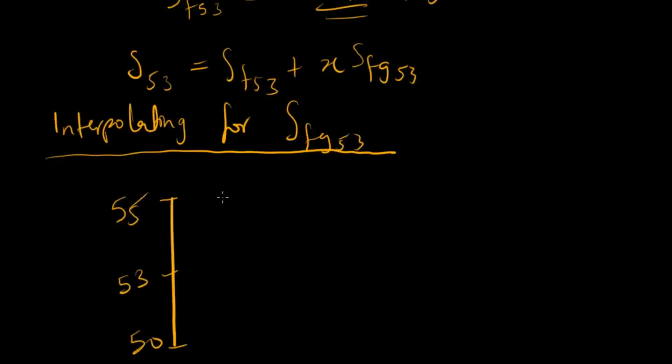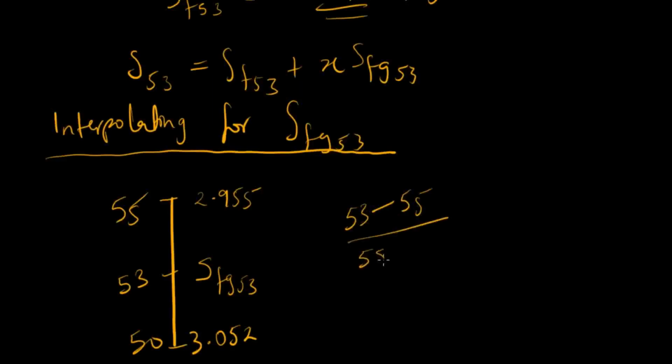For the sfg at 50, we have 3.052. Here is the sfg we don't know. And then at 55, we have 2.955.